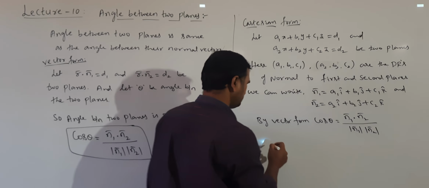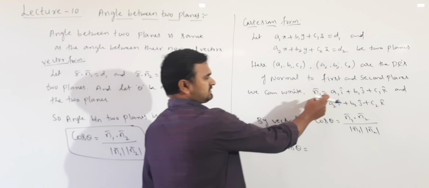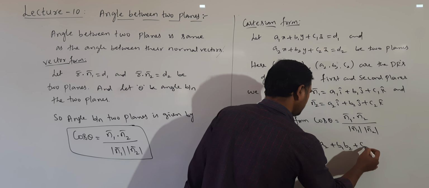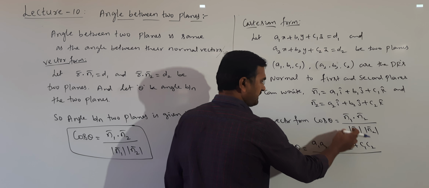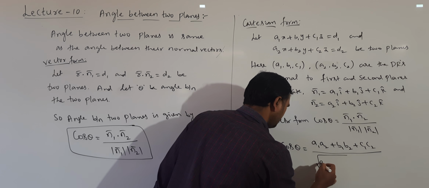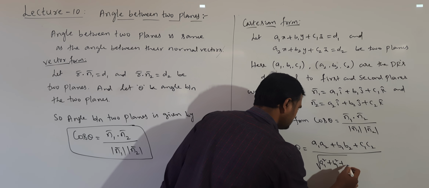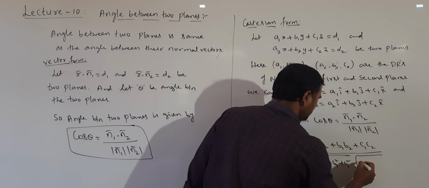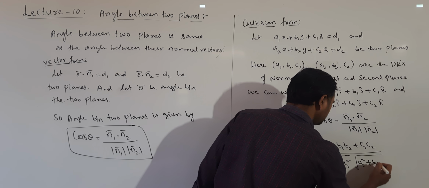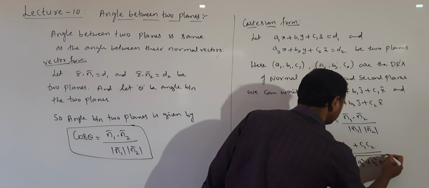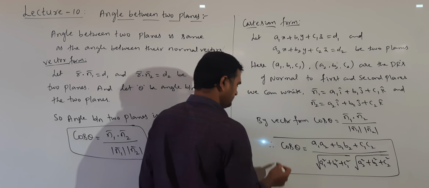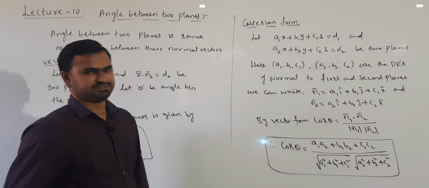So cos theta in Cartesian form: n1 dot n2 is a1 a2 plus b1 b2 plus c1 c2, divided by magnitude of n1, which is root of a1 square plus b1 square plus c1 square, into magnitude of n2 bar, which is root of a2 square plus b2 square plus c2 square. So this is the formula in Cartesian form to find the angle between two planes.